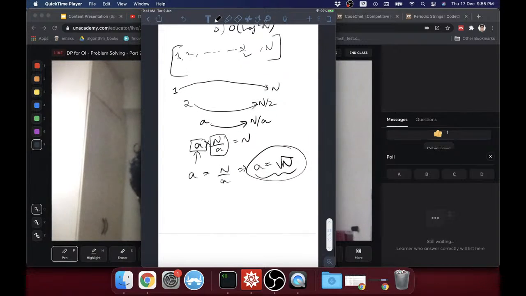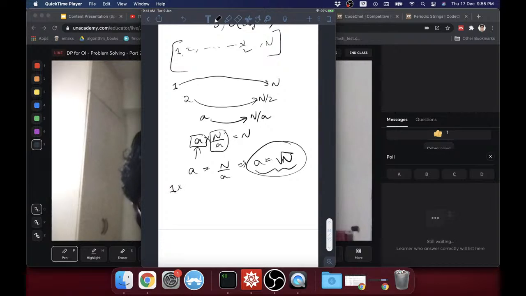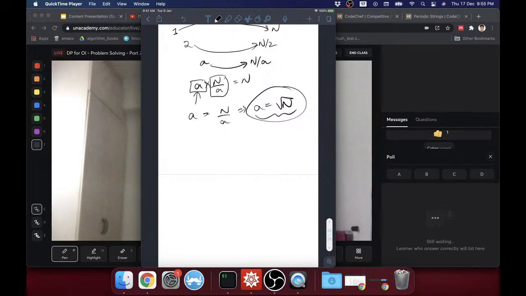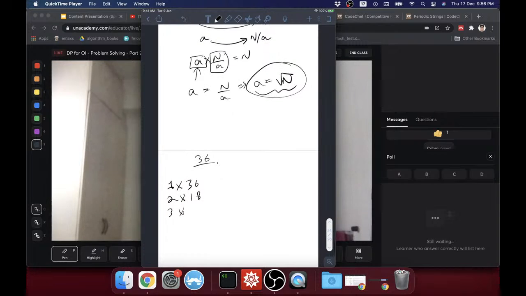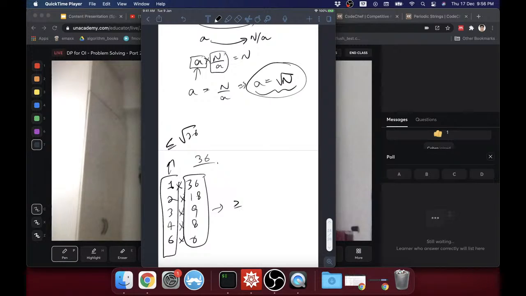Correct? So basically you have pairs of the form 1 times... okay, let me give you an example to make it more clear. Let's say your number is 36. Then you have 1 times 36 as one pair, 2 times 18, 3 times 12, 4 times 9, 6 times 6. Notice these are all the numbers less than or equal to square root 36, and the right side are all the numbers greater than or equal to square root 36.